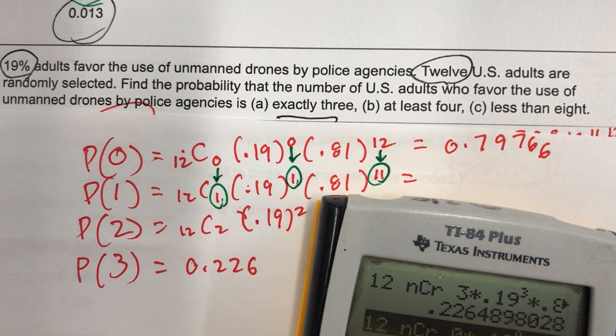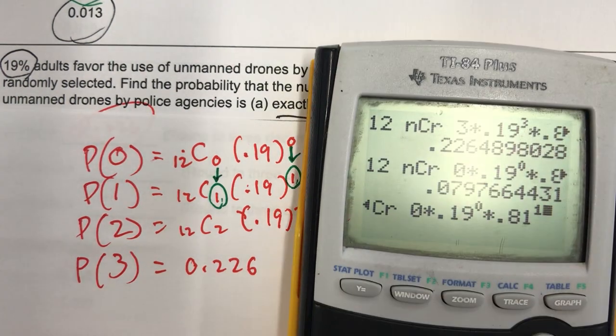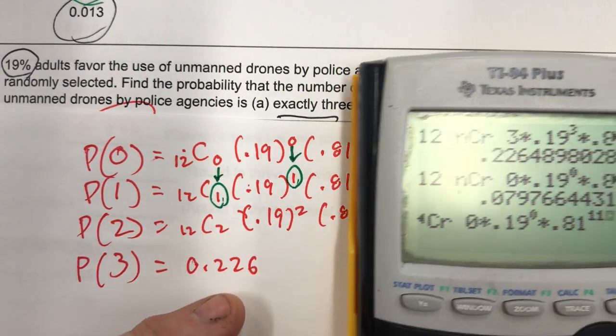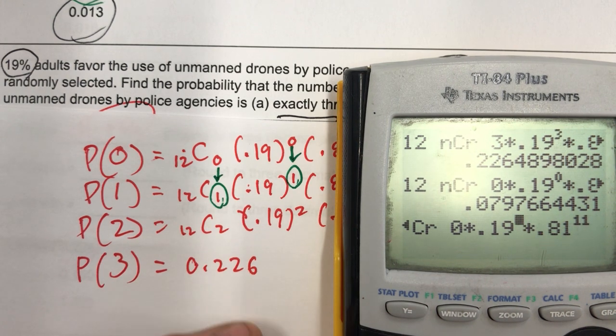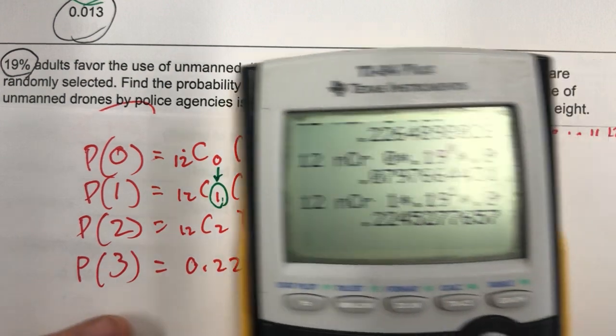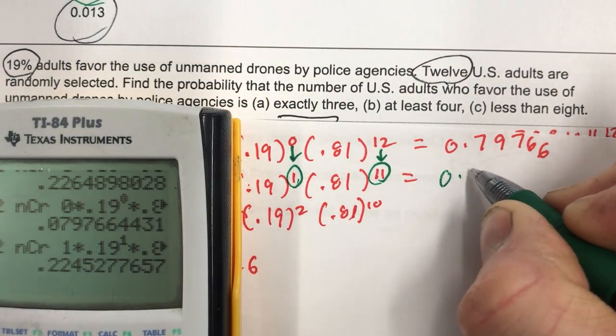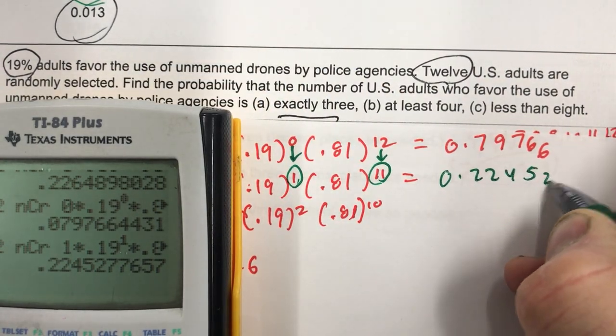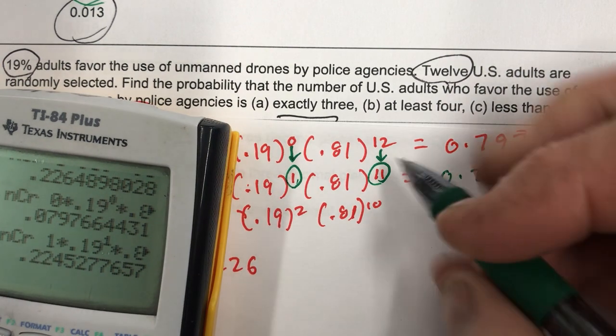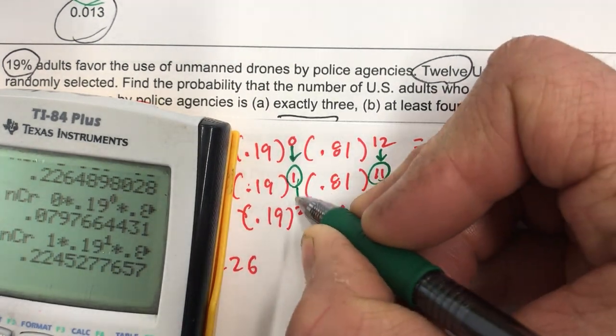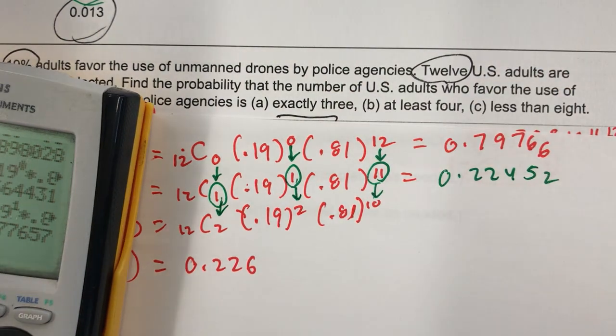So I'm going back in my problem here. I'm making that an 11. Okay. I'm making that a 1. Making that a 1. And that's 0.22452. And then I got one more. I'm going to change this to a 10, change it to a 2, and change that to a 2.